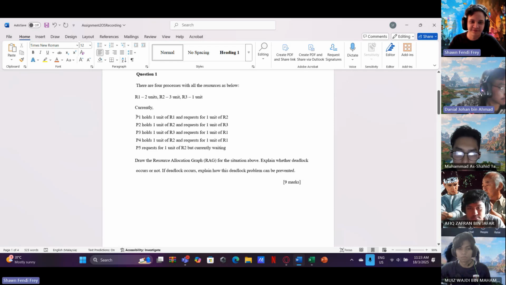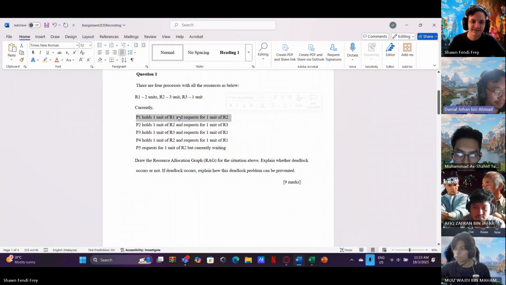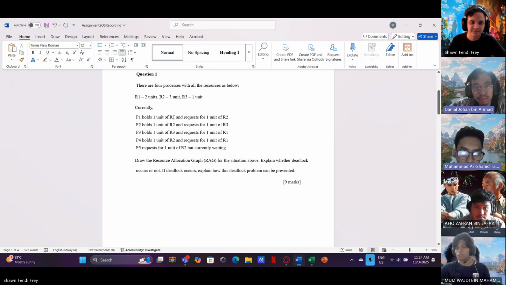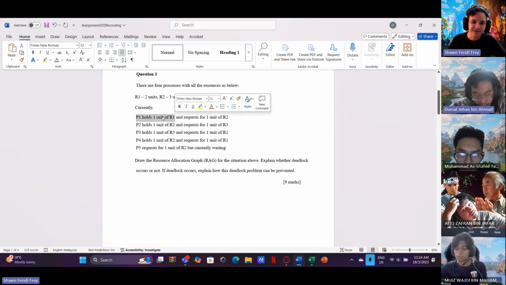So can somebody help me with this first one? First of all, P1 will hold R1, so we can call it R1. Where does this arrow go?